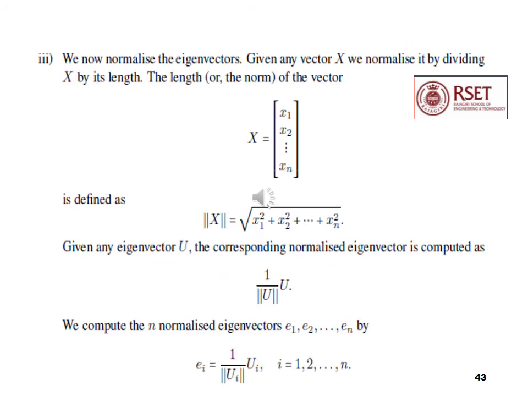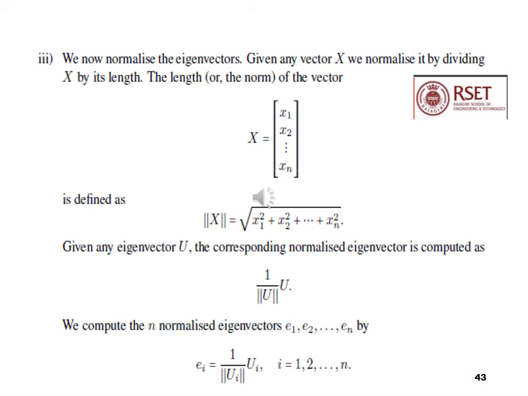We now normalize the eigenvectors. Given any vector x, we normalize it by dividing x by its length. The length of the vector x equal to x1, x2, xn is defined as the modulus of x, which is equal to the square root of x1 square plus x2 square plus up to xn square.